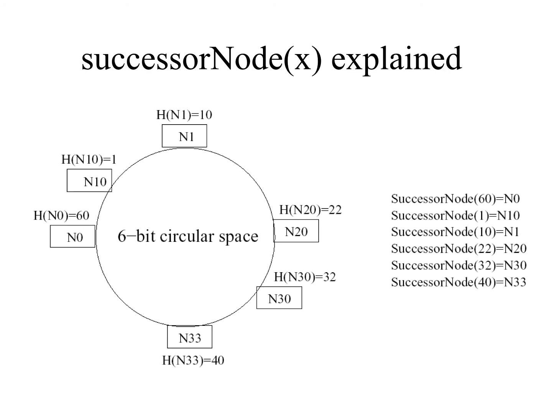Suppose we want to get the successor node of 60, which is N0. If we want the successor node of 1, it is N10, so it directly moves on to N10. For example, if we take the successor node of 22, we get N20.